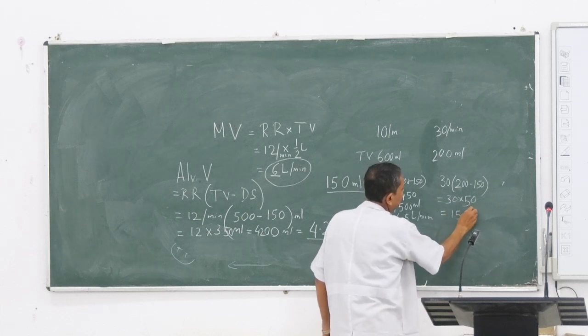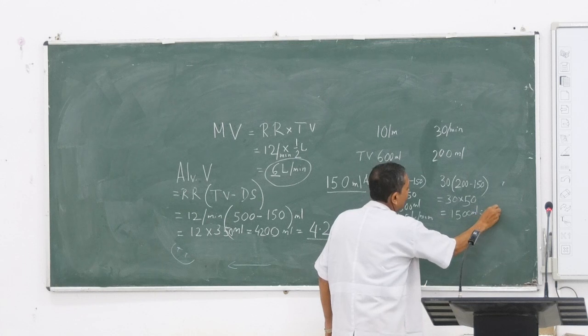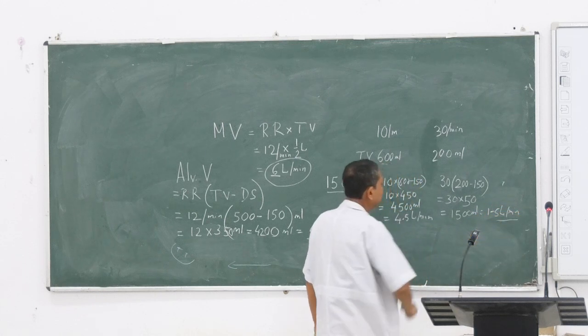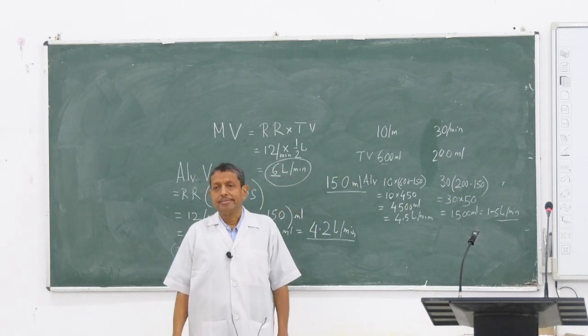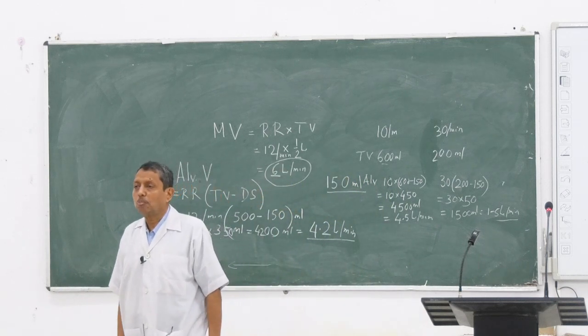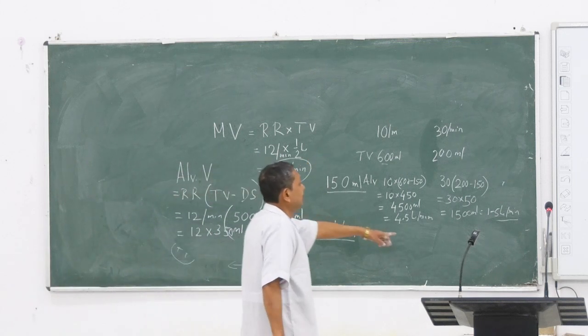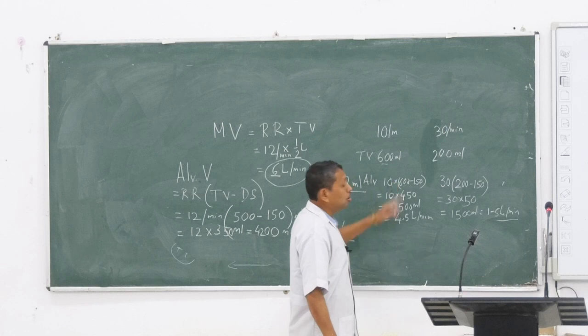That is 1500 ml, that is 1.5 liter per minute. Because of the dead space, shallow rapid breathing is less effective than the slow deep breathing.